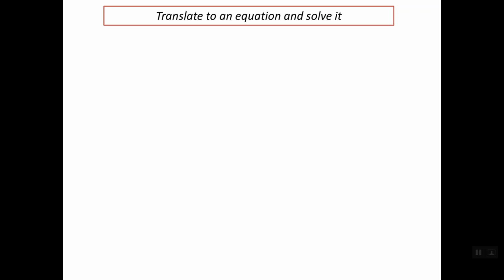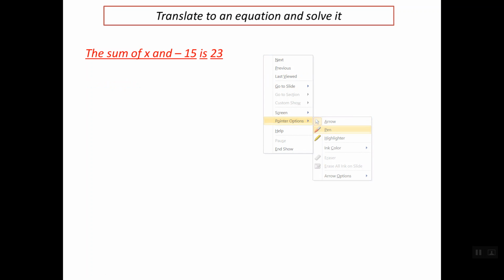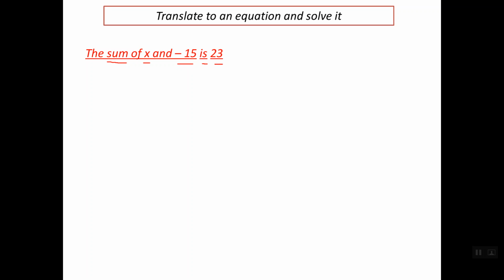The first one: if we have this statement which says that the sum of x and minus 15 is 23. As you see here, we have the word sum. So the operation here is summation, and the two terms are x and minus 15. Is means equal, and 23 means the result of this summation.